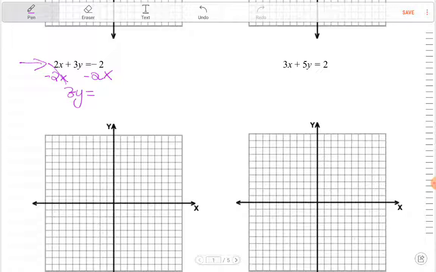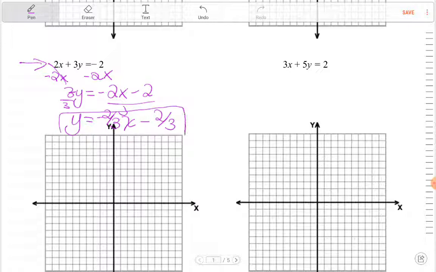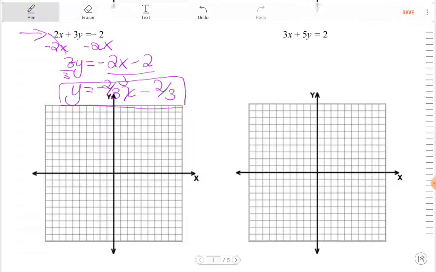And I'm going to put my negative 2x first, because that's going to be my slope, and then I still have a negative 2. And now I'm going to divide everything by 3. And then my equation will be y equals negative 2/3 x minus 2/3.